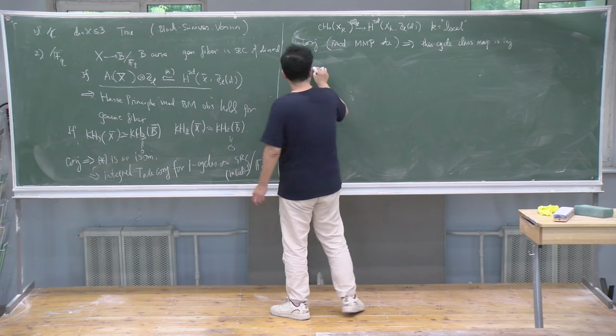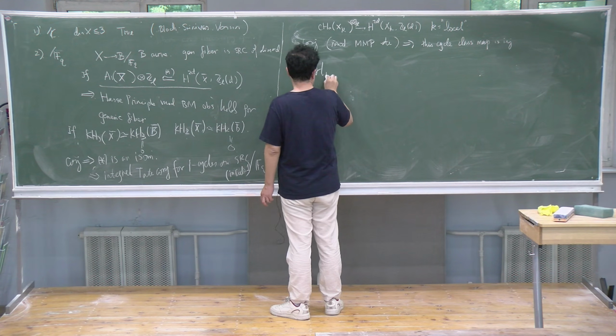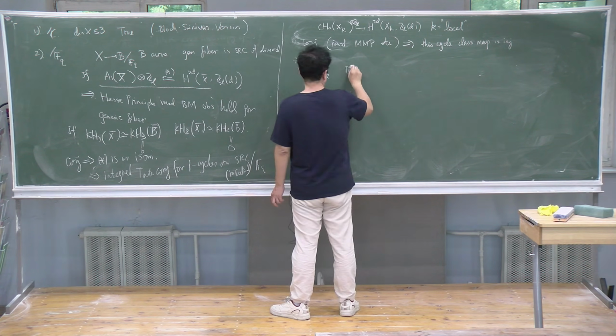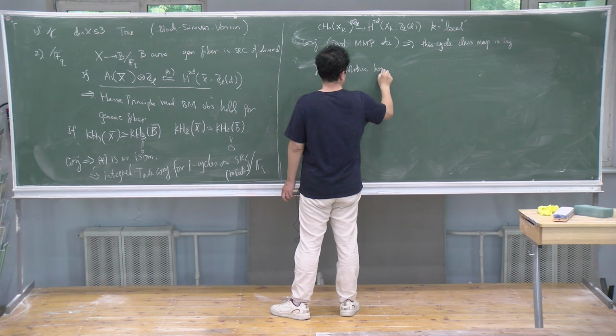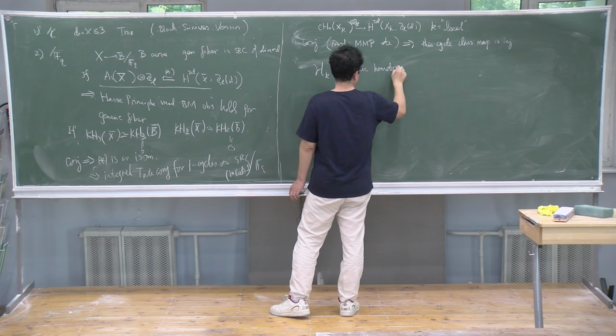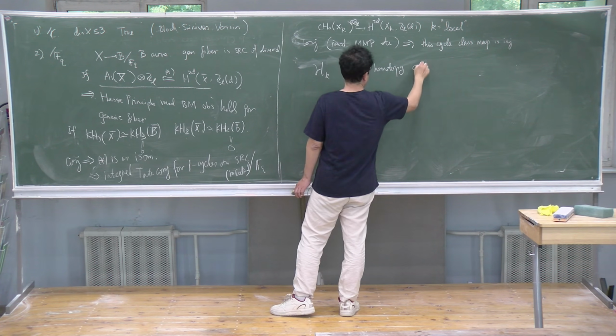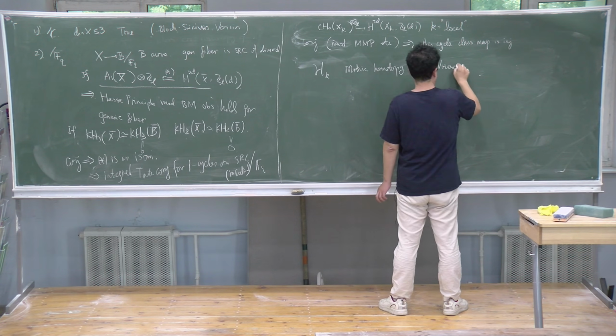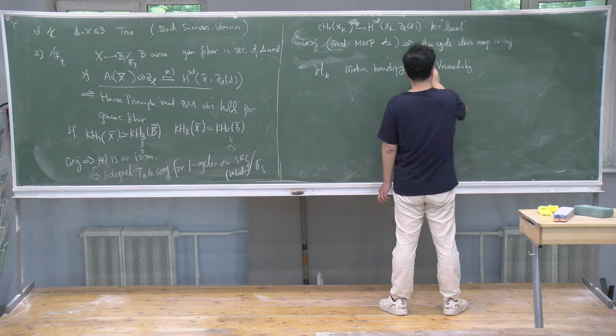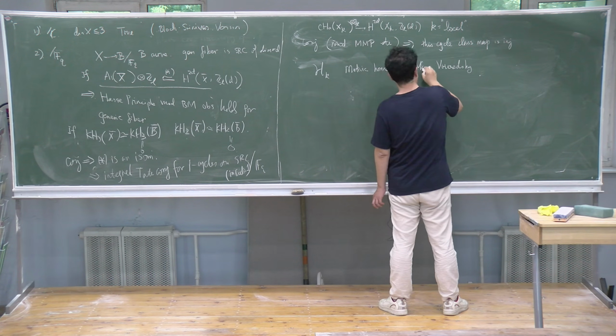So what you want to do is, it's like a motivic homotopy category. This is by Morel-Voevodsky.